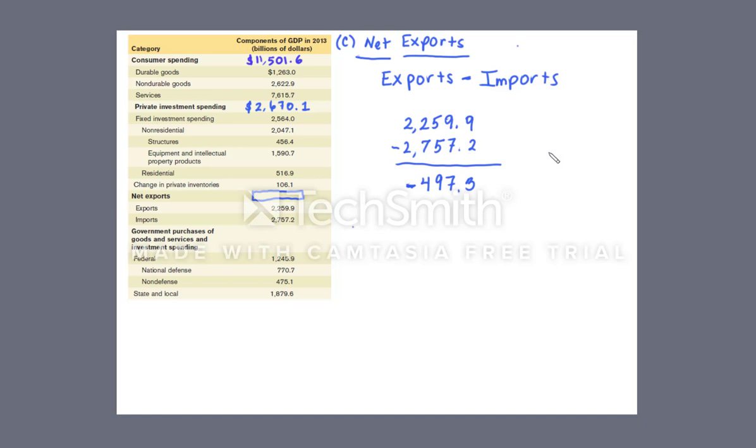I've spent $18 and only made $15. I suffered a loss. The fact that this number is negative tells us that we have spent more as a nation on buying stuff from other nations than we have made in selling our stuff to them. So we have bought more than we have sold.